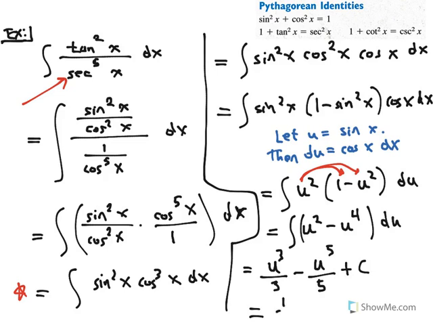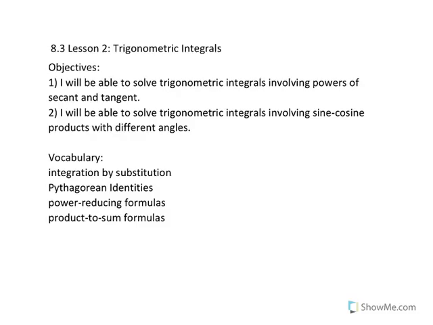So I will replace u with sine x, and I have 1/3 times sine to the third x minus 1/5 times sine to the fifth x plus c. And that's my final answer.